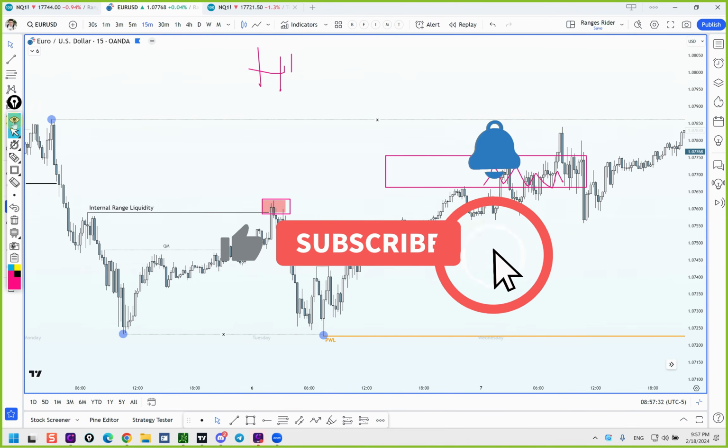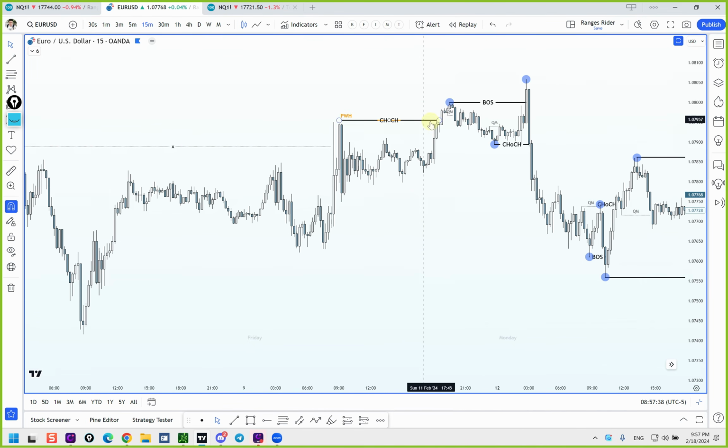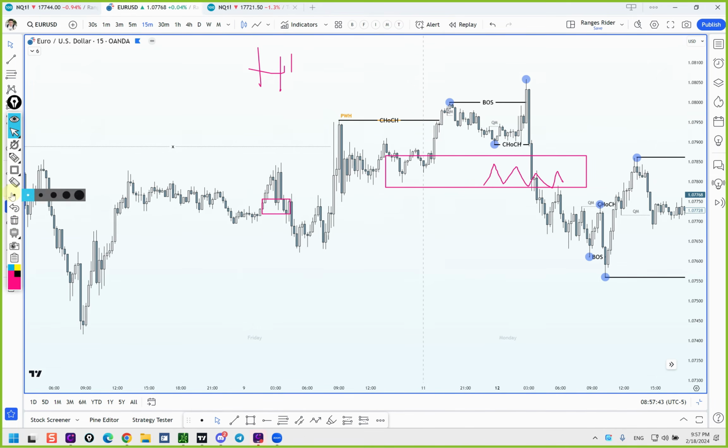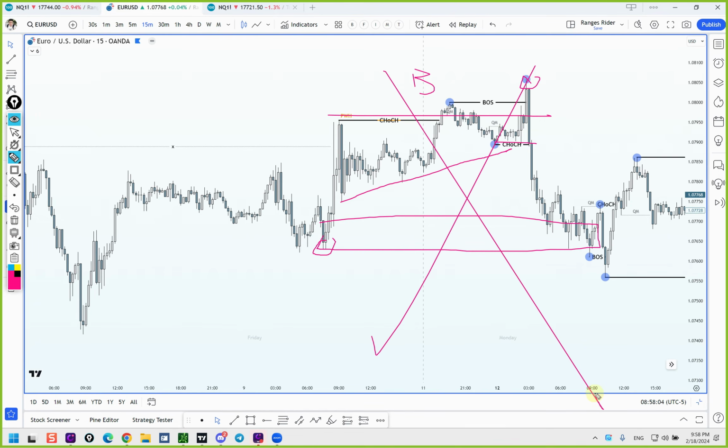And if I'm looking to buy here, and I thought, okay, this is the change of character, and once the QM is confirmed, and let's say I have the range from here to maybe somewhere here, this is for example purposes. And I say, okay, now I have a change of character, and now I'm bullish, and I have the range confirmed with the QM, and now this is the internal range liquidity, and I want to buy something from here. I will get destroyed, because of my important point, listen carefully, everybody.